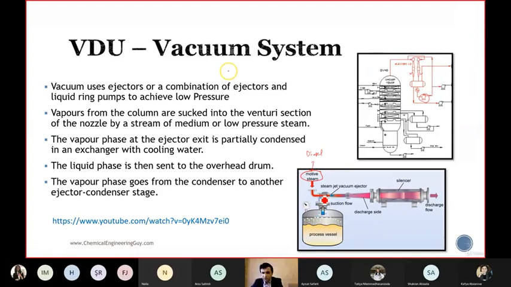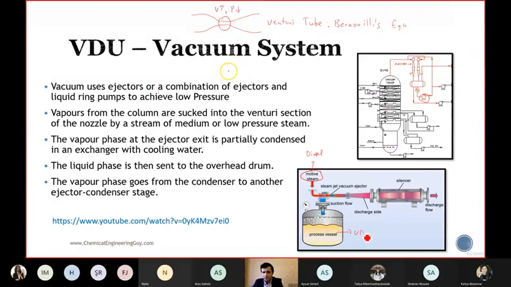Here you have the venturi tube. You know that this is the venturi tube, and here we can apply Bernoulli's equation. Once it comes here, the velocity becomes higher and pressure becomes lower.